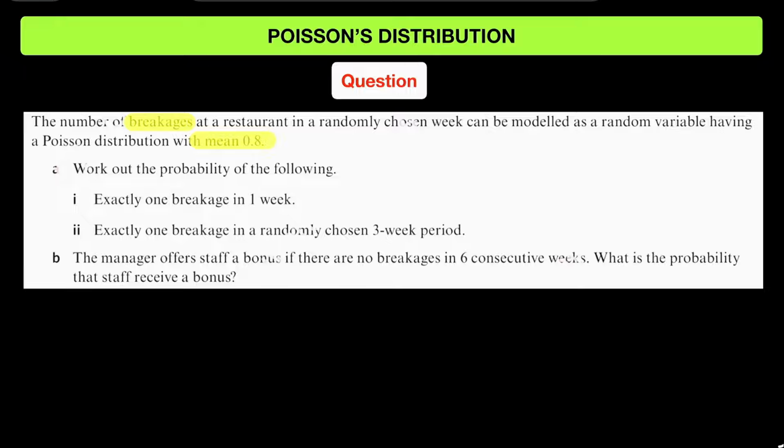Please do not forget that this data is given for a randomly chosen week. Now work out the probability of the following. They want you to calculate exactly 1 breakage in a week. There is no problem because he is asking about 1 breakage in a week. In the second part, he is asking exactly 1 breakage in a randomly chosen 3-week period.